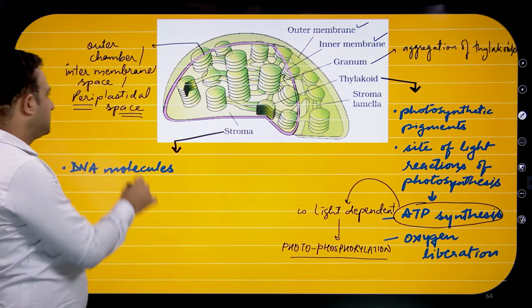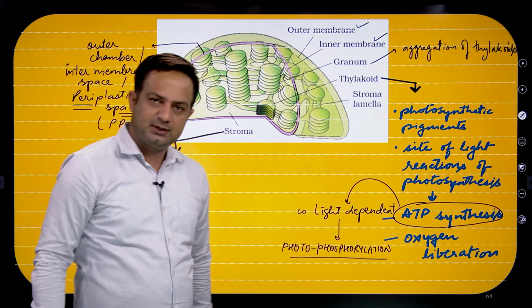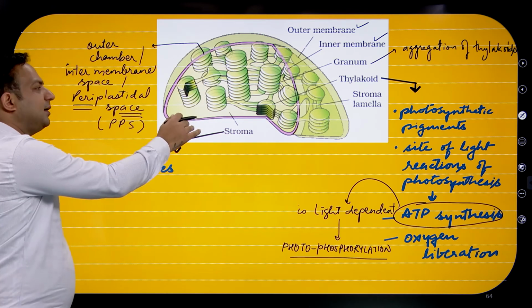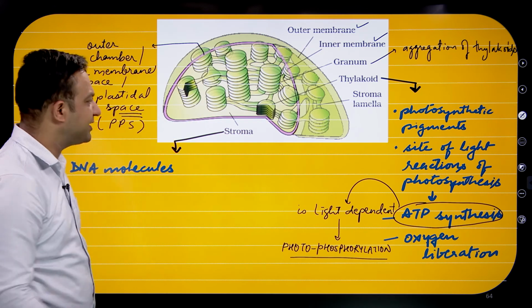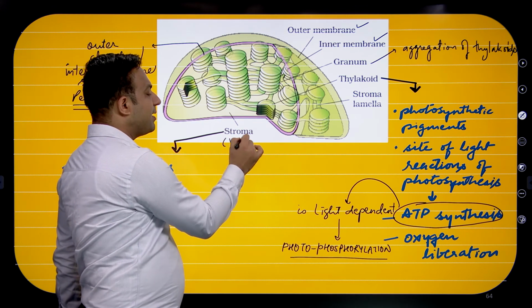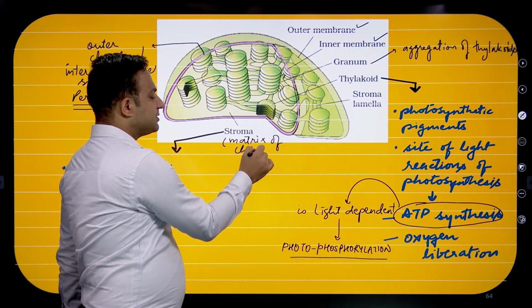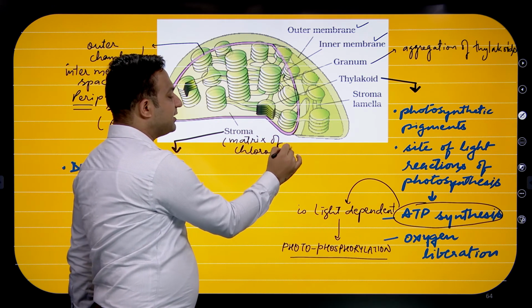PPS here, PMS in mitochondria. The inner chamber in the chloroplast is called the stroma. There it was the matrix; I can write the stroma here as the matrix of the chloroplast. See the similarity in the matrix or inner chamber.